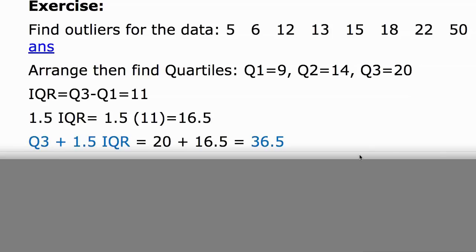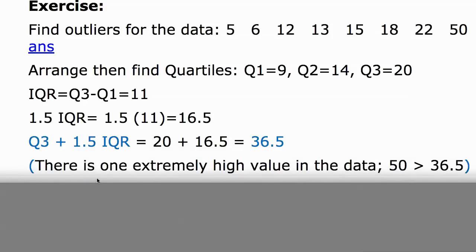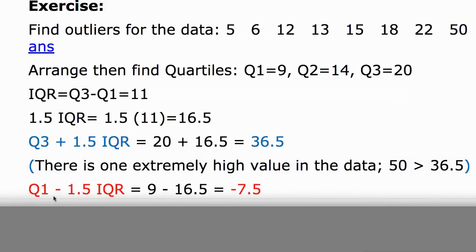Let's look at the other end, which is the lower boundary of the fence. We need to calculate Q1 minus 1.5 IQR. Of course, 50 is an outlier. Q1 is 9, and 1.5 IQR is 16.5. If you subtract them, you get minus 7.5, which is a value way too small compared to the minimum value in the data.